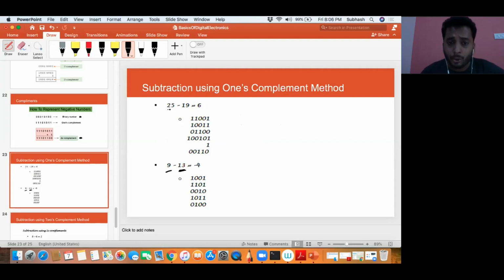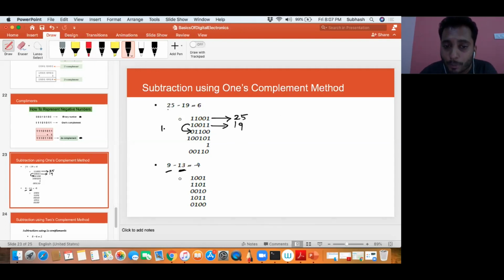Now, how do I subtract a smaller number from a bigger number using ones complement method? Keep the first number as it is in binary. This is 25. Keep the second number as it is in binary, which is nothing but 19. Find the ones complement of the second number, which is nothing but this.